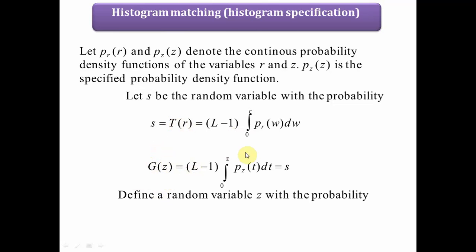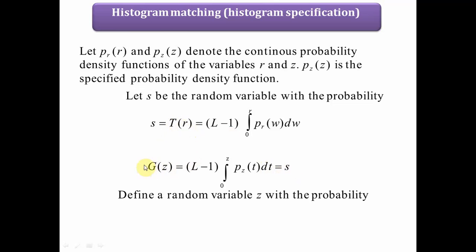So L minus 1, the same, from 0 to R before, from 0 to Z now, P_Z will be there, because it was R before, so here Z will be there. I will consider new parameters T and dT, and it should look like S, means S should look like this. So T of R should look like G of Z. Okay, so that is nothing but Z will be G inverse of T of R.